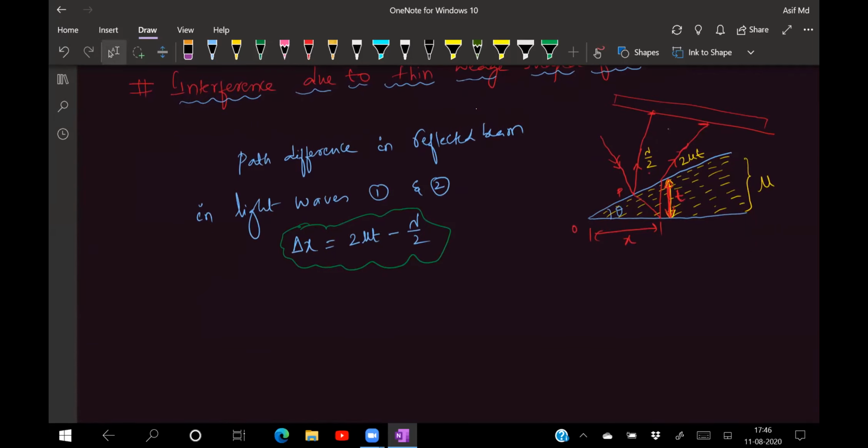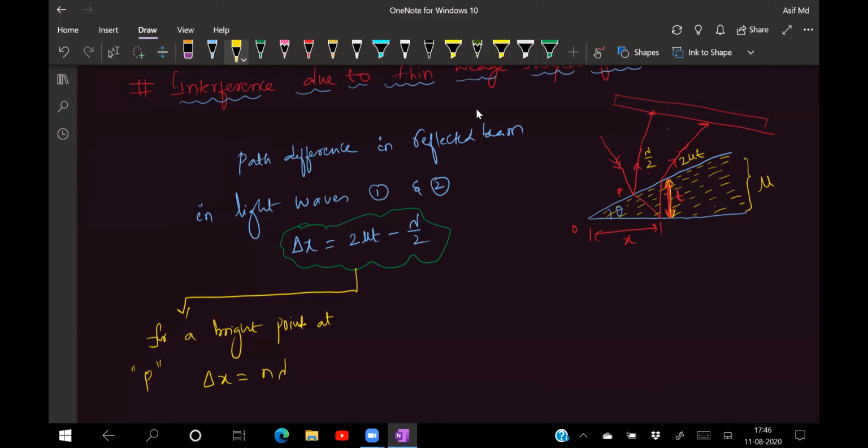Now for a bright point at P, delta x will be equal to how much? n lambda. You already know that.